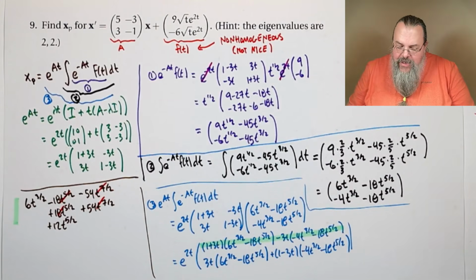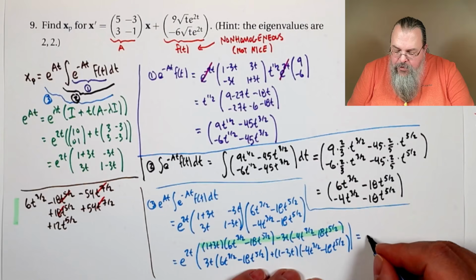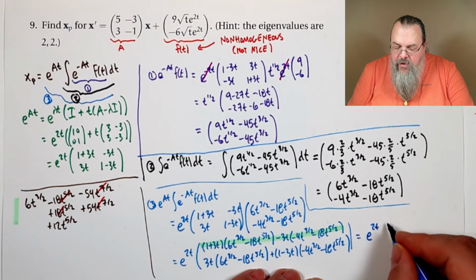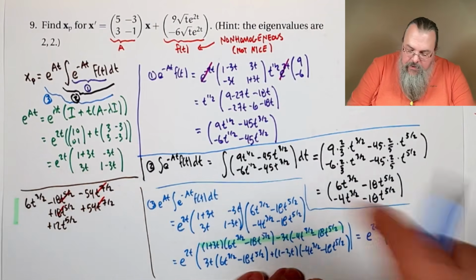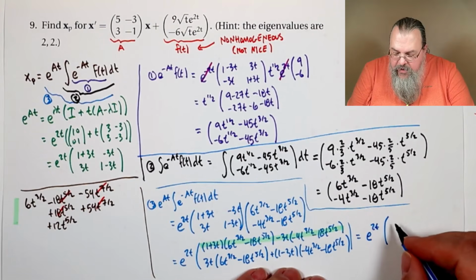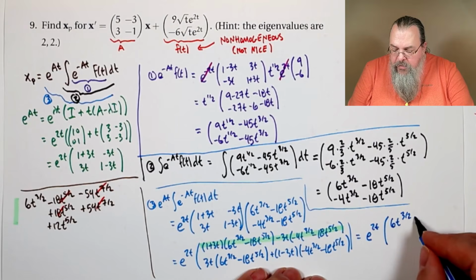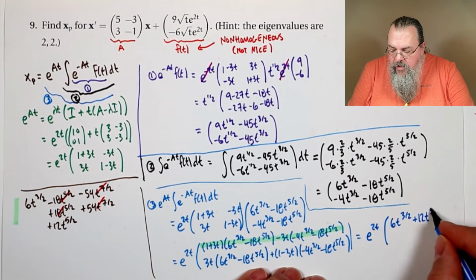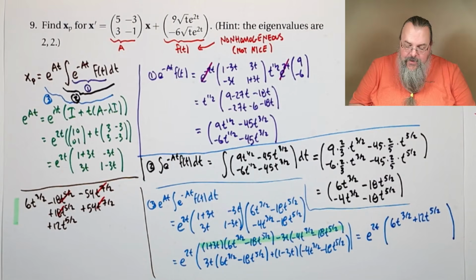Which tells us that once we expand and then group, we get, for the first entry, right? This is only the first entry. 6t to the 3 halves plus 12t to the 5 halves. All right, that's the first entry.